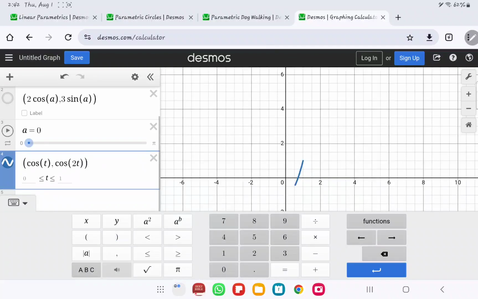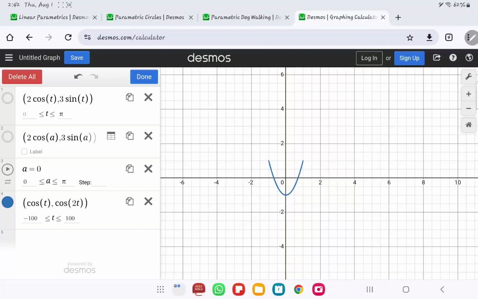And then t is not between 0 and 1. T is as far as you want. There was no restriction. So we could go anywhere, like I said, I'll put in maybe -100 all the way out to 100, something like that. So really it's negative infinity to infinity, but we can't put infinities in, so we'll just put in big numbers. And we are only going around that part of the parabola right there.